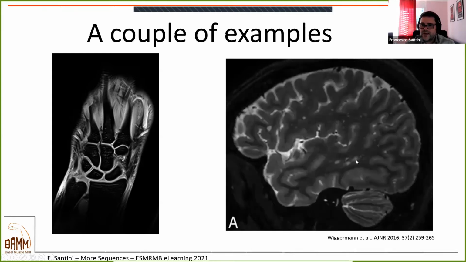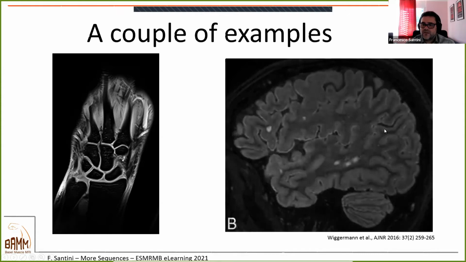So if we go back, we see that we cannot really distinguish easily which dots are good and which dots are bad, but by doing some enhancement, we can very clearly highlight the pathology here. These are most probably MS lesions, if I remember correctly.